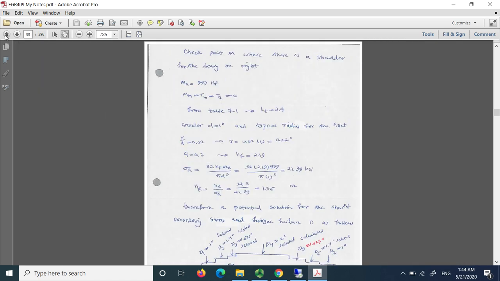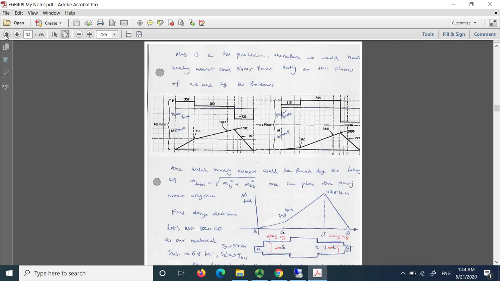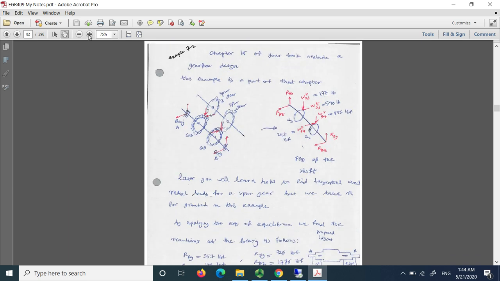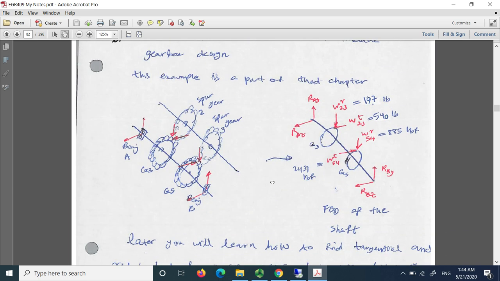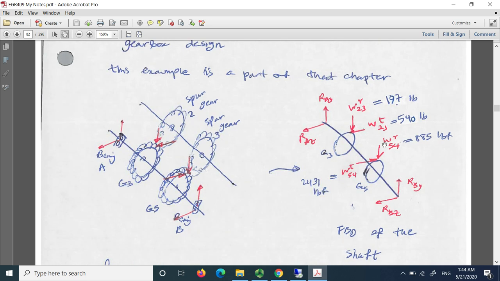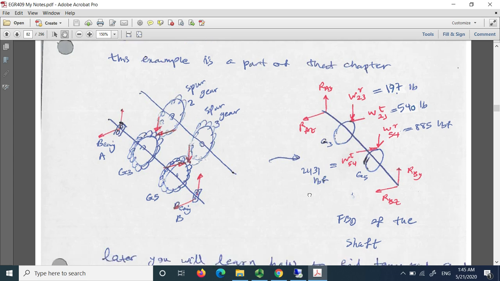Okay, let me go up. So using the loads on the gears, which was given in the problem statement, you can find reaction forces at the bearings, right? You can do that manually by using equations of equilibrium.